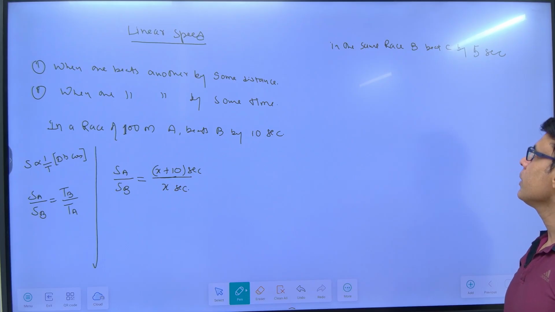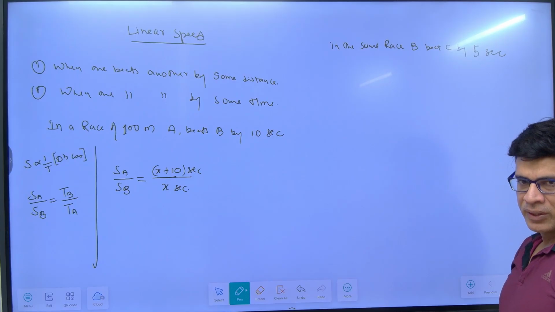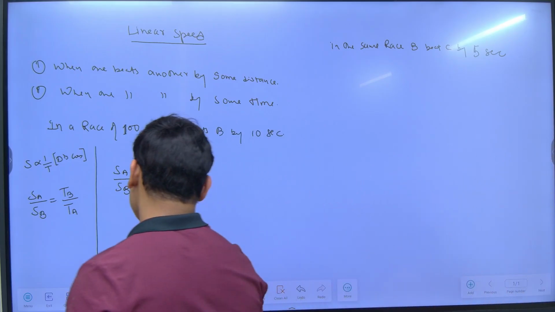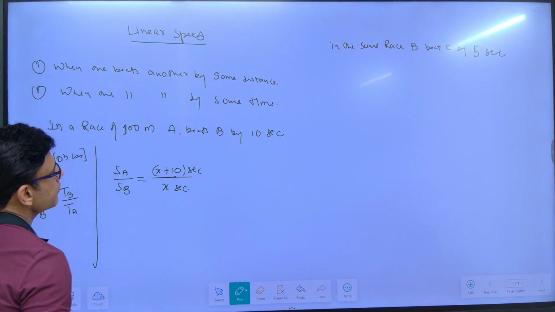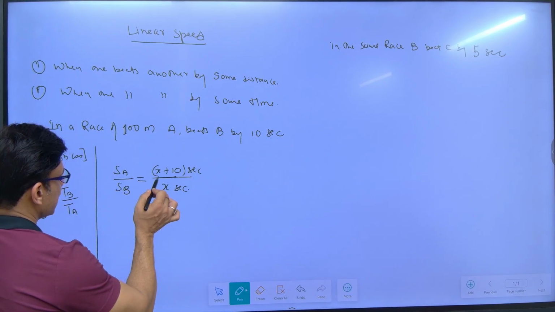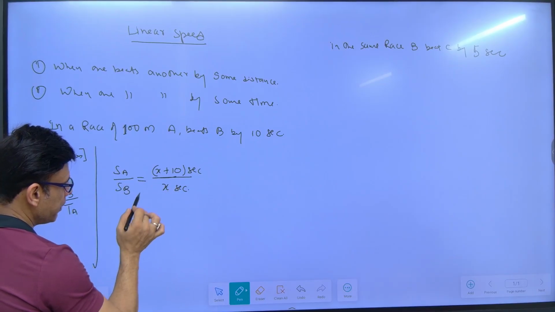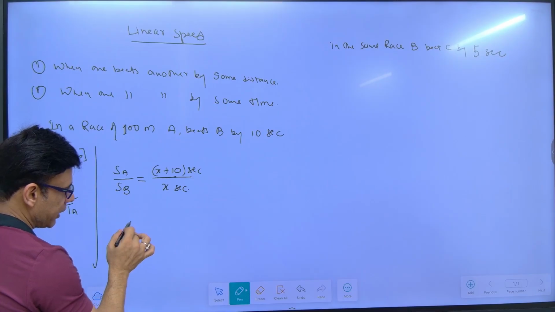The same race, B beat C by 5 seconds. Okay. Now from here, you understand one thing. This is the time taken by B, right? So can we say this data is for B, right?